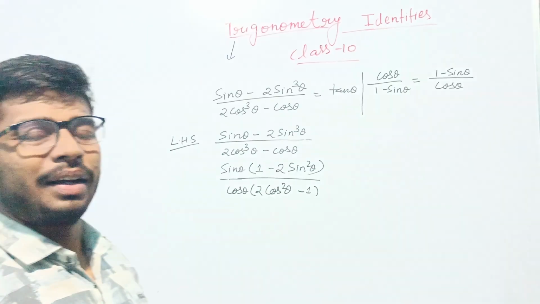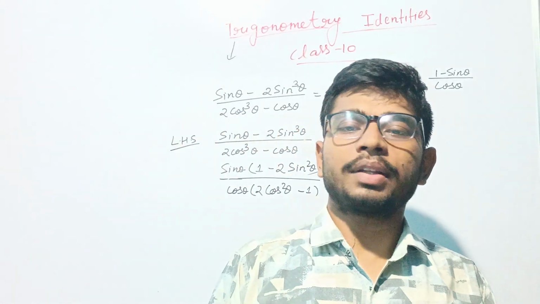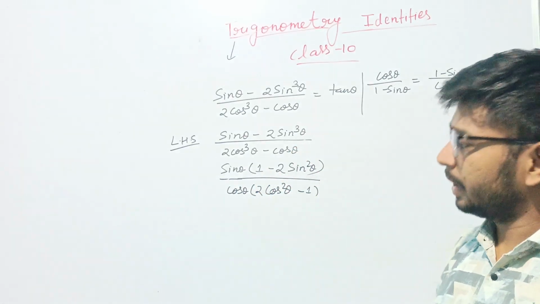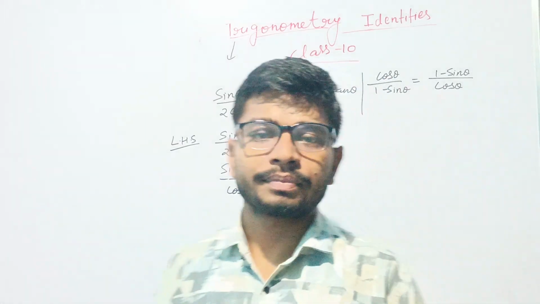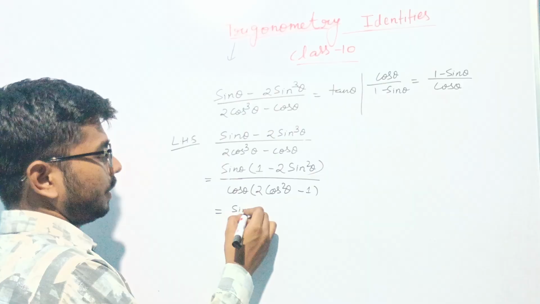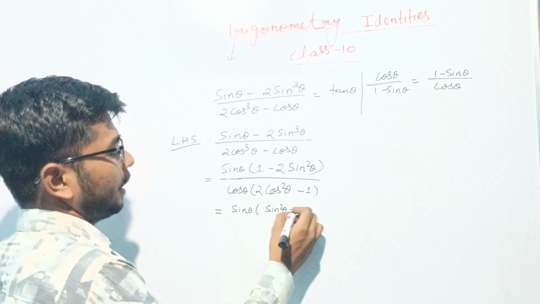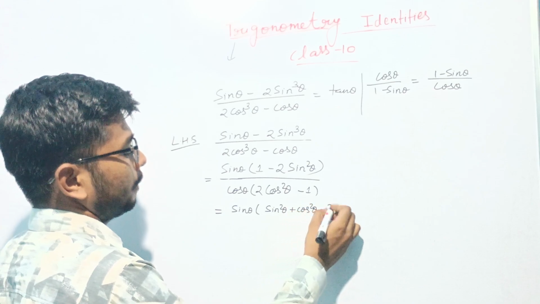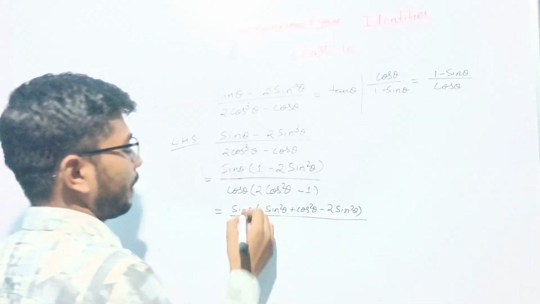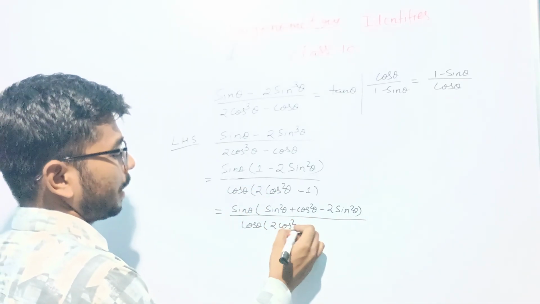Now see, for 1 we can write, I told you one identity, the first identity, sin squared theta plus cos squared theta equals 1. So can we write sin squared theta plus cos squared theta in place of 1? Yes, we can write. So let's write sin theta inside the bracket: sin squared theta plus cos squared theta minus 2 sin squared theta, upon cos theta, 2 cos squared theta.